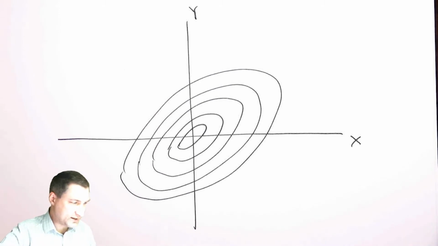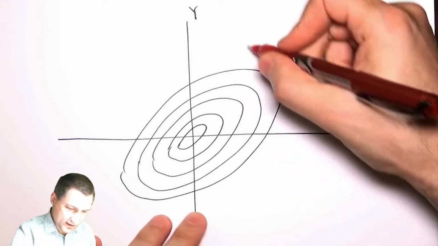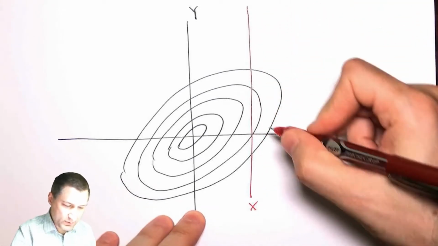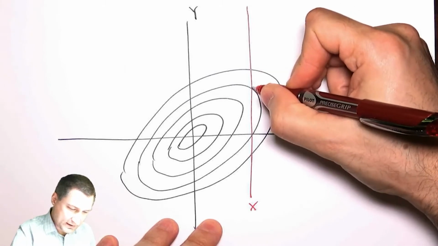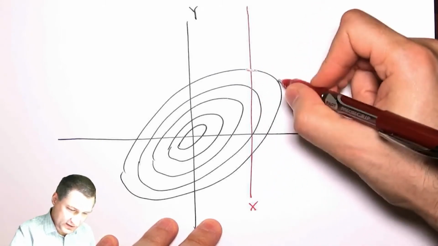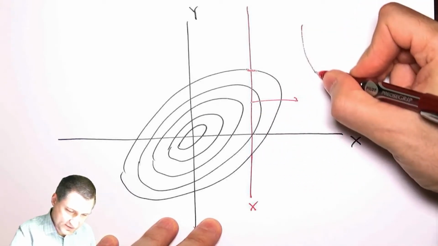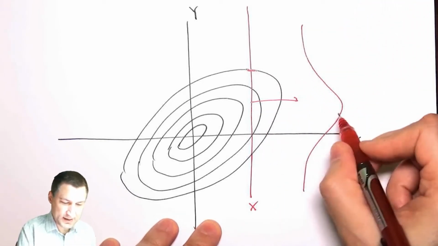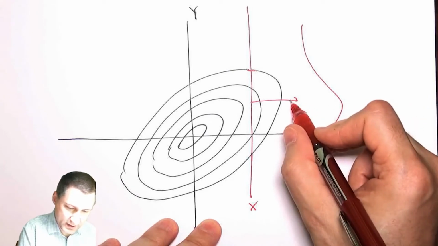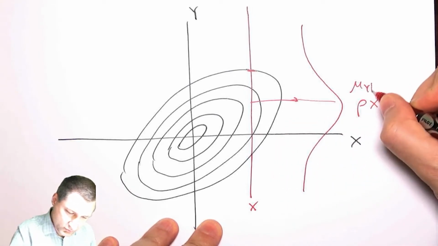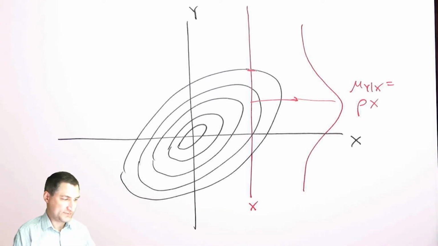But now it's like saying, okay, let me tell you that I got this value of X, right? Now what I see is that my equiprobable world is shifted up. So my integral is going to look like a Gaussian that has a mean that is somewhere over here, and that mean, as I computed, was equal to rho X, right?